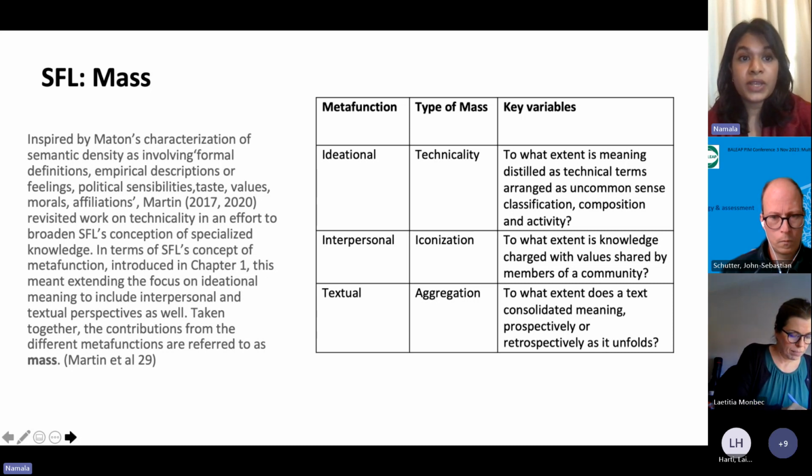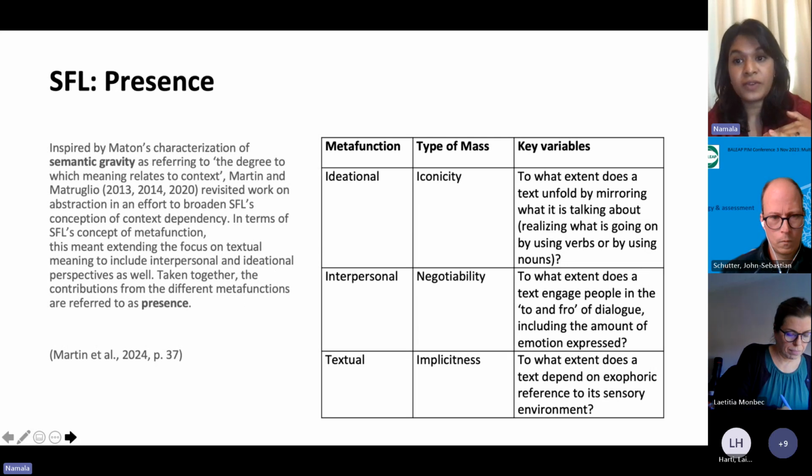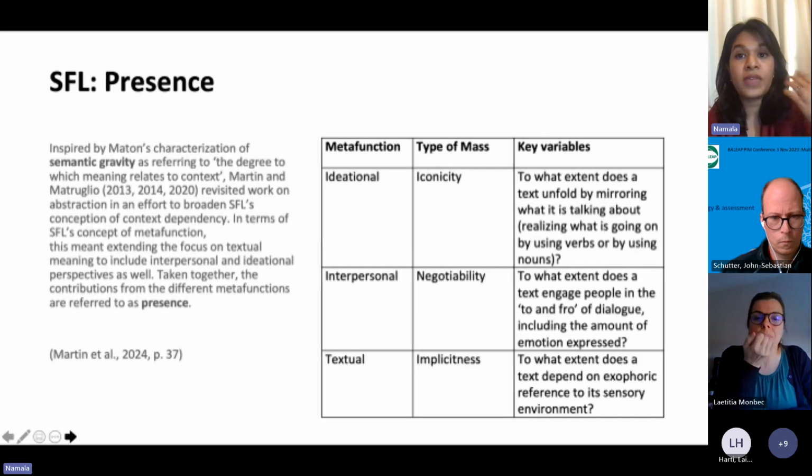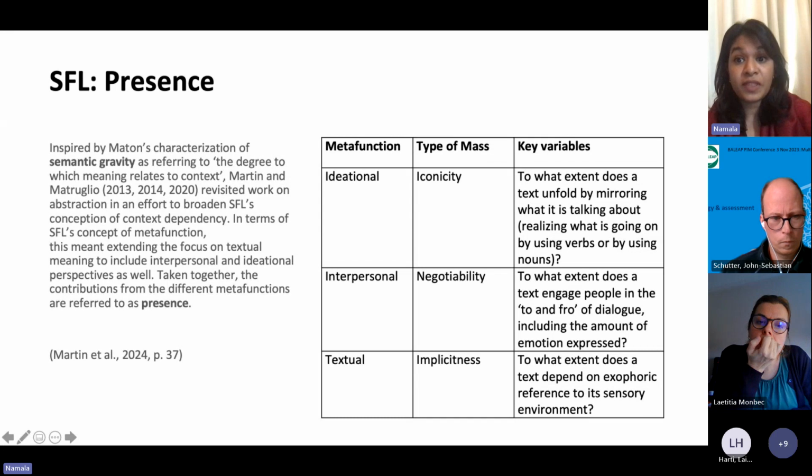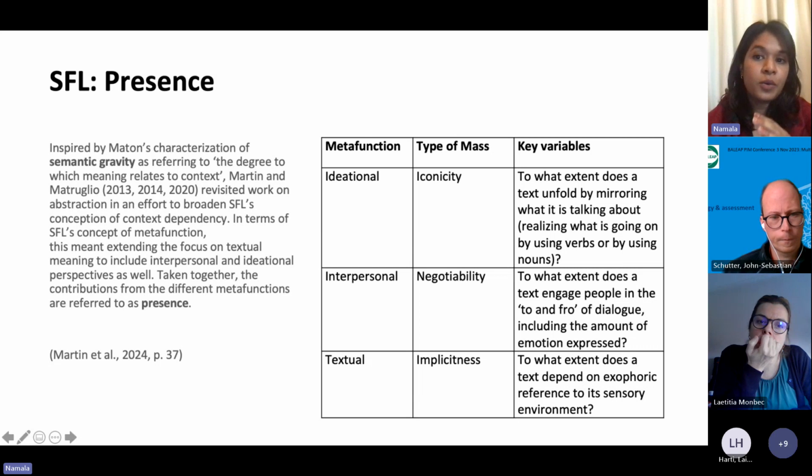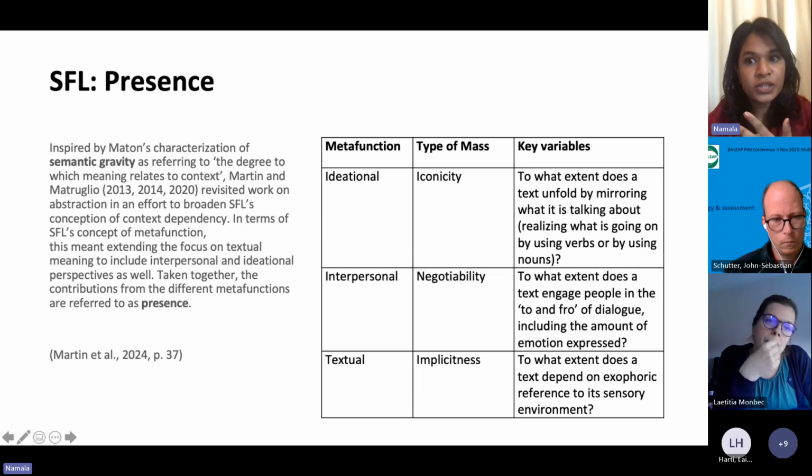So SFL, mass, and presence. I'm just going to go through presence briefly for you, just to show you that even when it comes to something that's deeply theoretical and very recent in the literature, what you can do is ask a few questions. They ask about what they call key variables in relation to each of these different types of mass. If you look at the prompt questions, they actually make it very accessible to get into a text, even for students.